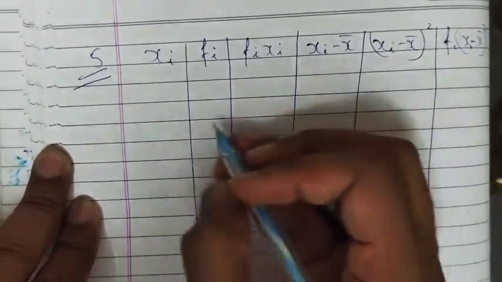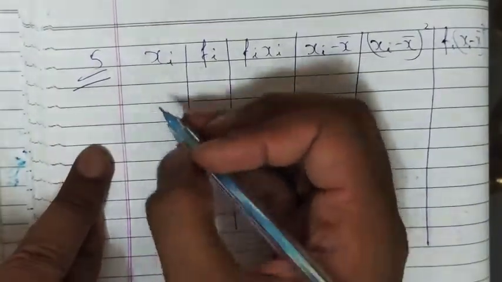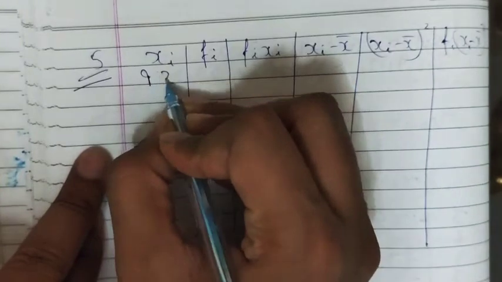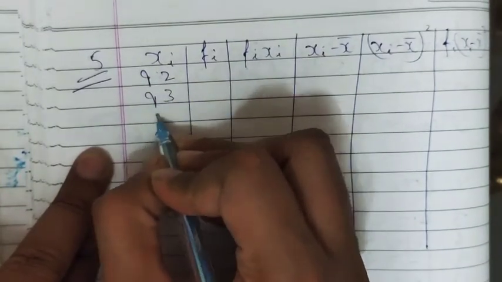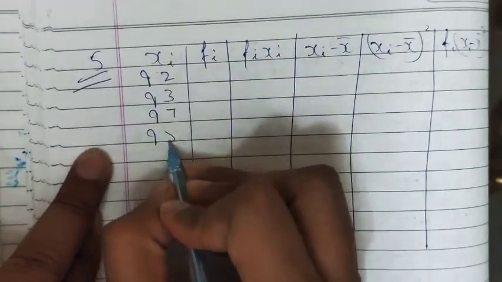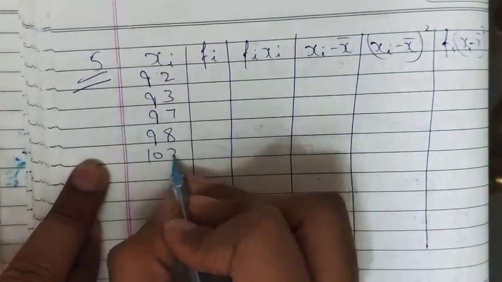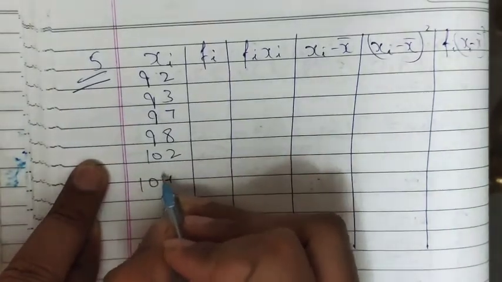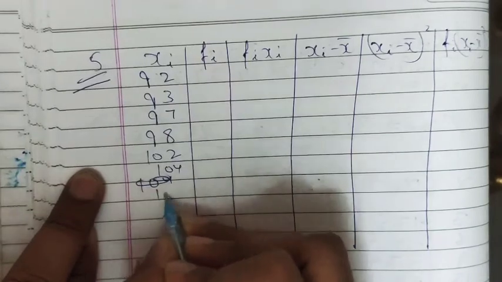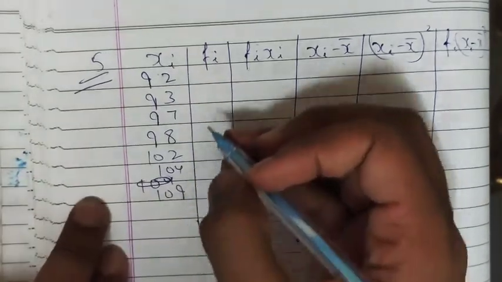Let's make columns in this way. So write down xi. Xi is 92, 93, 97, 98, 102, 104, and 109, right?